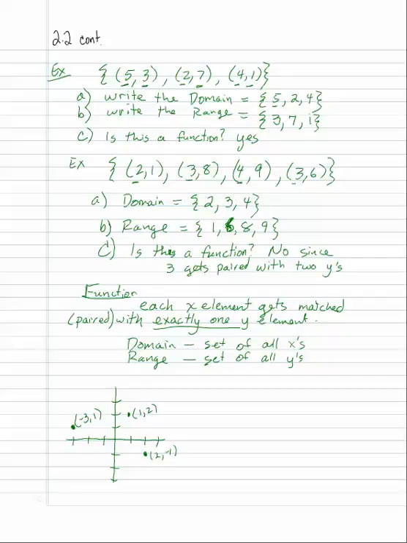And by looking at the function, since this is a function, I could say the function would be the set of ordered pairs negative 3, 1, 1, 2, and 2, negative 1.